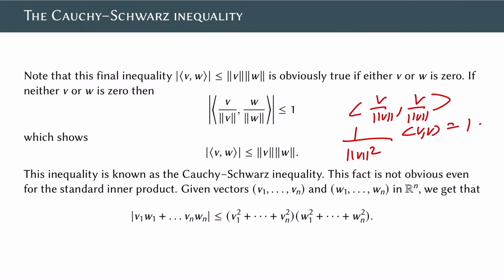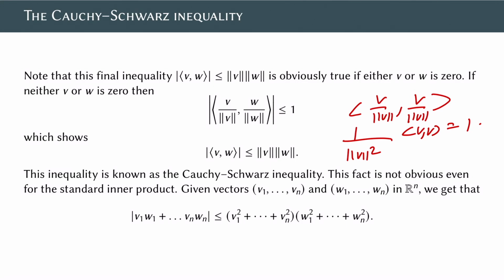So for two unit vectors, the absolute value of ⟨v/norm v, w/norm w⟩ is less than or equal to 1, from what we have established. Now taking 1 by norm v and 1 by norm w outside and moving them to the right hand side, we immediately get the inequality: the absolute value of ⟨v, w⟩ is less than or equal to norm v times norm w. This inequality is true irrespective of whether v is a unit vector, w is a unit vector, v is 0, or w is 0. This is always true.